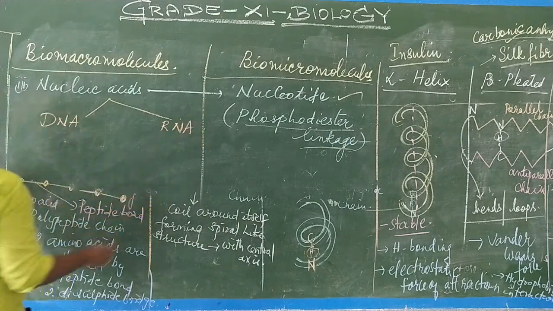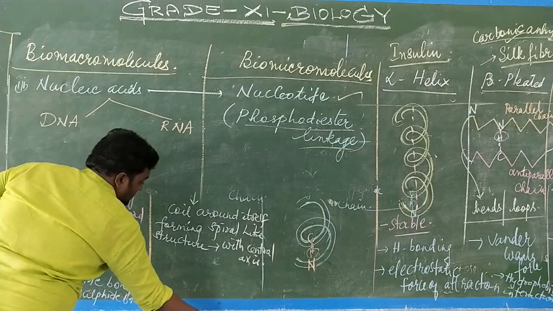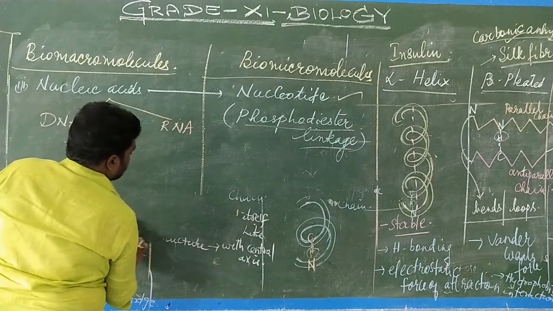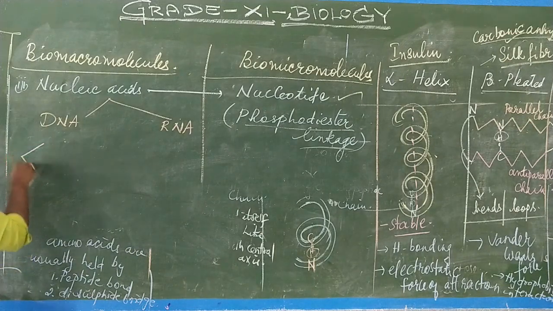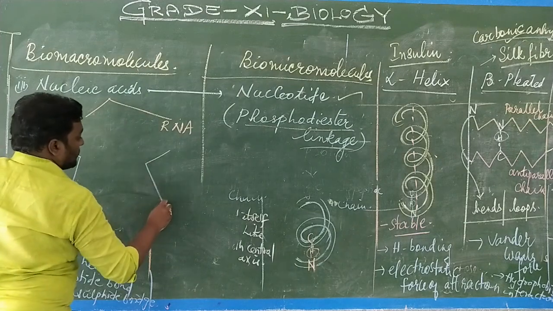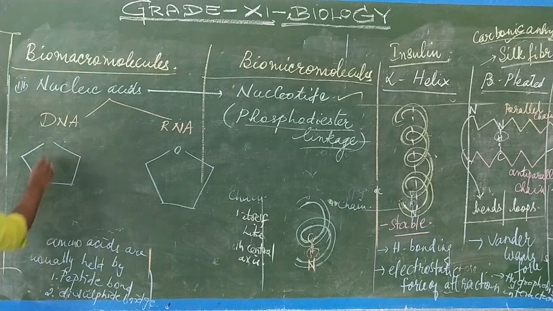So shall we draw the structure for DNA and RNA? So we have said DNA and RNA. First let us draw the structure. For RNA, pentose sugar. So 1, 2, 3, 4, 5.